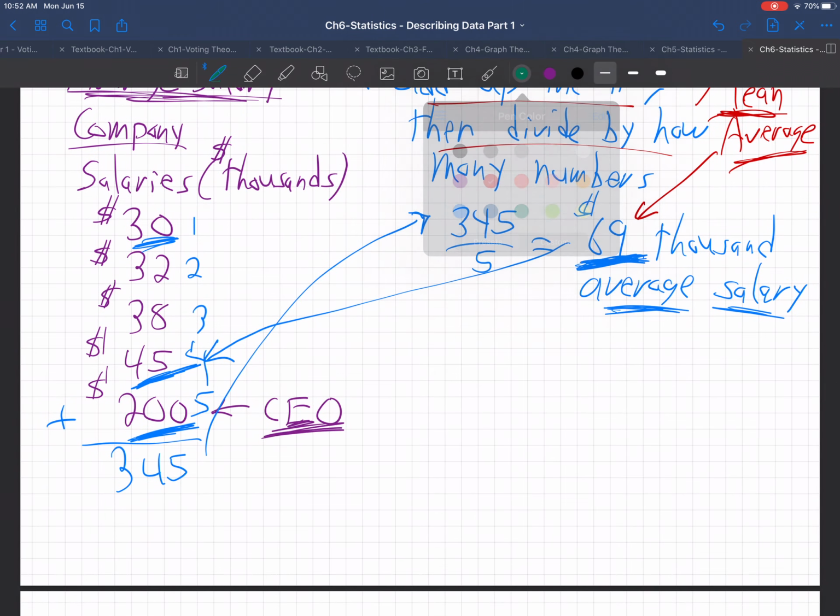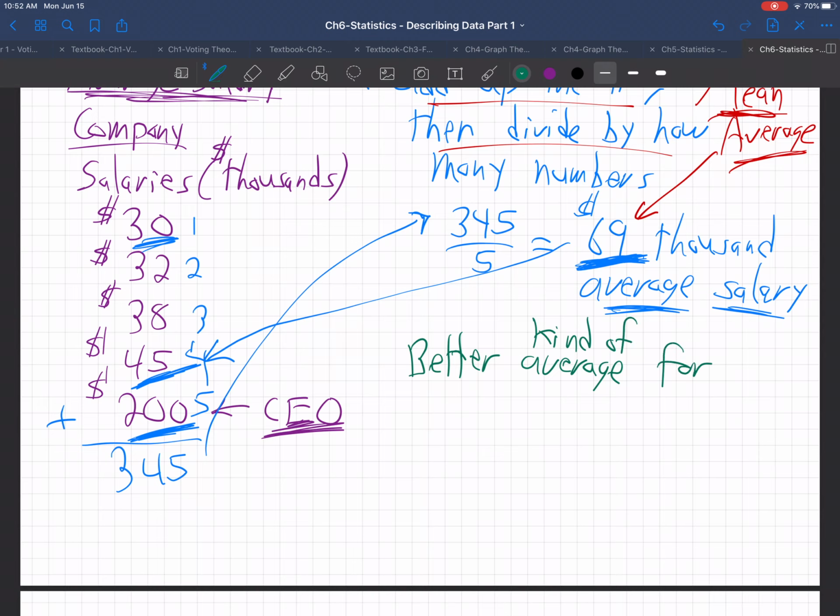But now the other kind of average, a better kind of average for data with a few very large numbers, like the 200,000, is the median.